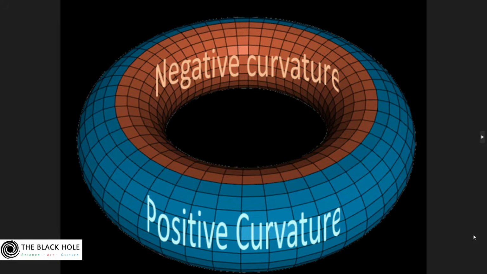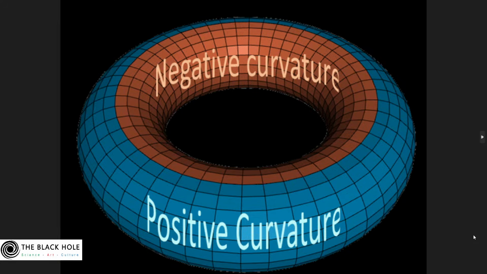But here is a case where a manifold has both positive and negative curvature. So you see, where there's positive curvature, it looks very much like a sphere, at least at the edges.